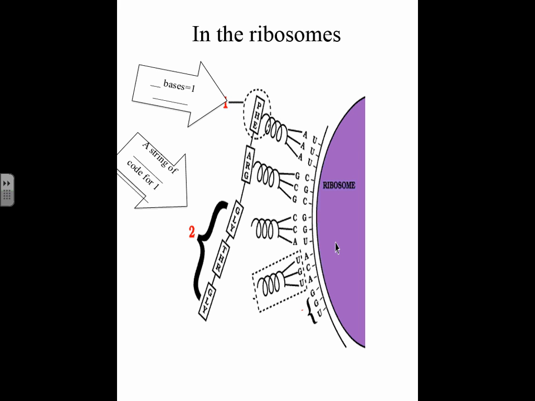But before we do that, number one is showing us that we have these three bases, AAA. And those three bases code for one specific thing. Who remembers from yesterday's video, three bases code for an amino acid.